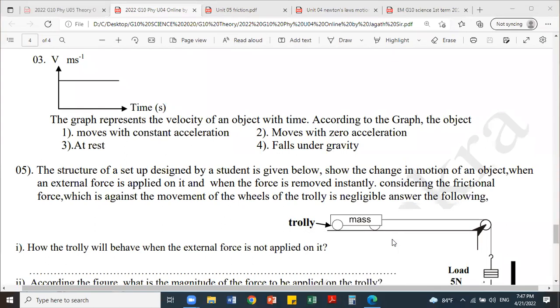Okay, can you see the screen? Right, okay, so the answer is what?